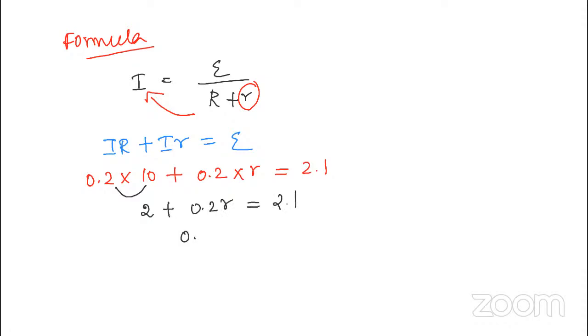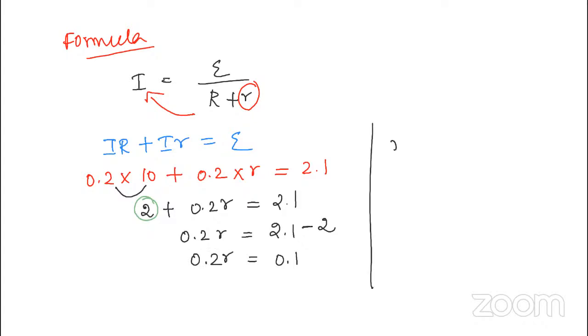So 0.2 r is equal to 2.1 minus 2, sending the 2 to the right side, so this value becomes 0.1. So 0.2 into r is 0.1.